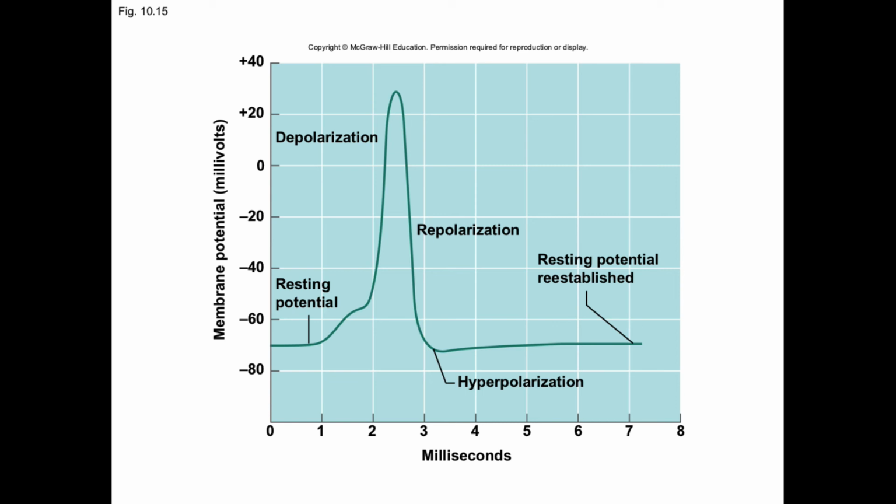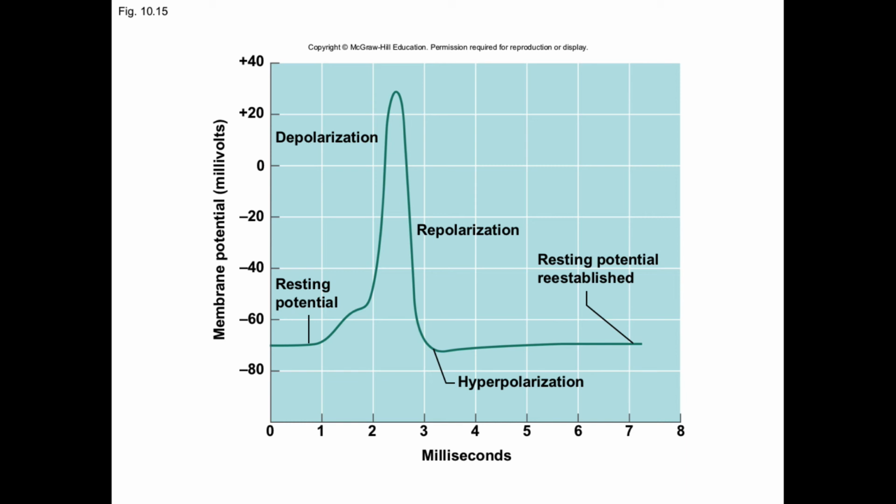For instance, maybe it goes from negative 70 millivolts to negative 65 millivolts. If you're thinking which one that is, that would most certainly be depolarization, a very slight depolarization, but it is indeed. However, if I were to go from negative 70 millivolts to negative 75 millivolts, that indeed would be hyperpolarization, getting more and more negative.